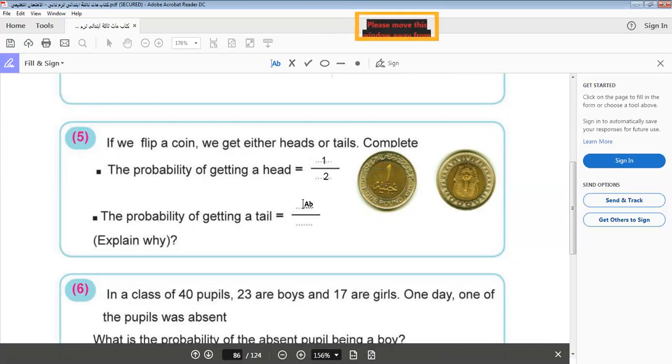And the same here, 1 over 2. Why? Because you have just 2 faces in total.